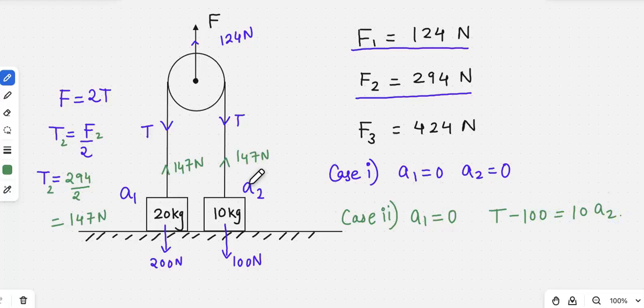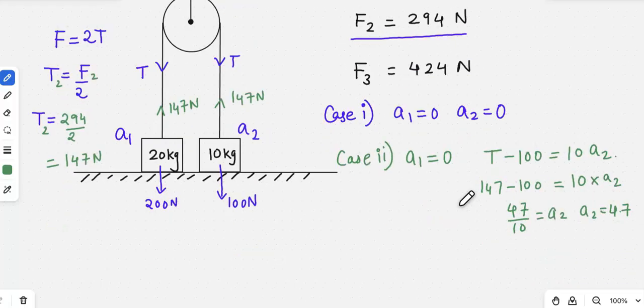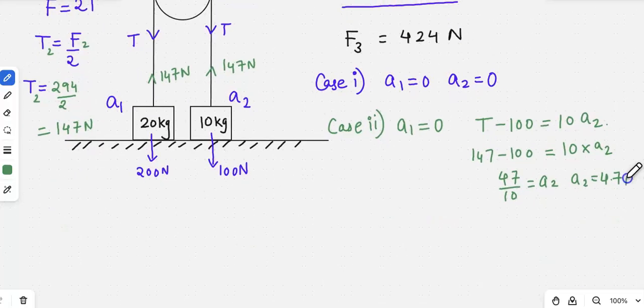Tension is 147 Newton, so 147 minus 100 is equal to 10 times A2. So 47 by 10 is equal to A2. So A2 is equal to 4.7 meter per second square in the second case, right?